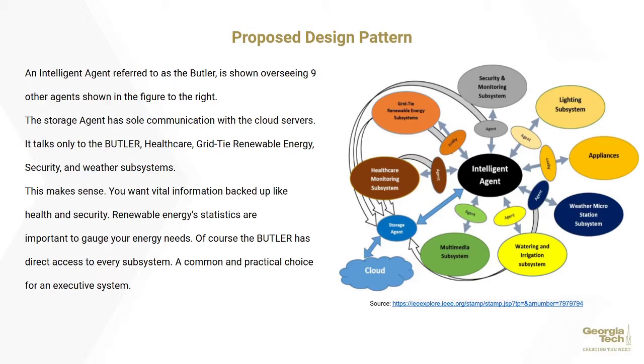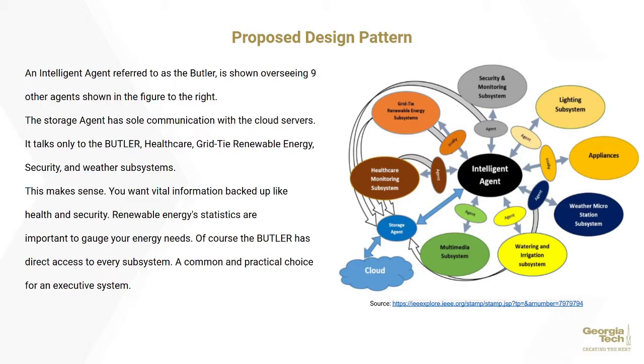It talks only to the butler, healthcare, grid tie renewable energy, security, and weather subsystems. The storage agent does not get accessed by all of the subsystems. This makes sense. You want vital information backed up like health and security. Renewable energy statistics are important to gauge your energy needs. Of course, the butler has direct access to every subsystem, a common and practical choice for an executive type system.